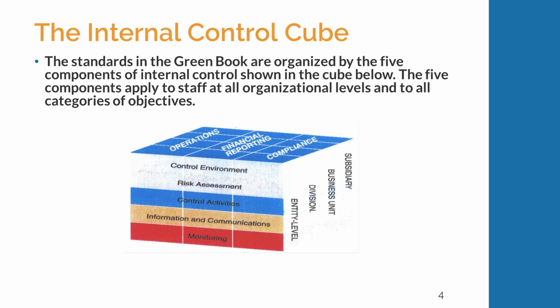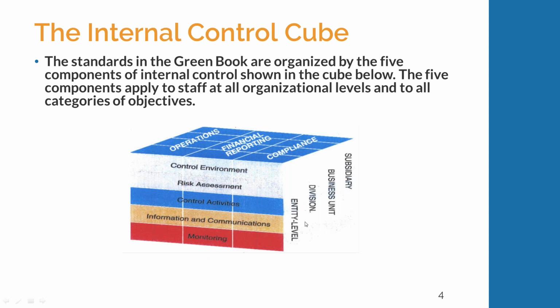So within each of the operations, financial reporting and compliance, you have what we call components of internal control, which would be the control environment, risk assessment, control activities, information and communication, and monitoring. So those are your 5 components of internal control.